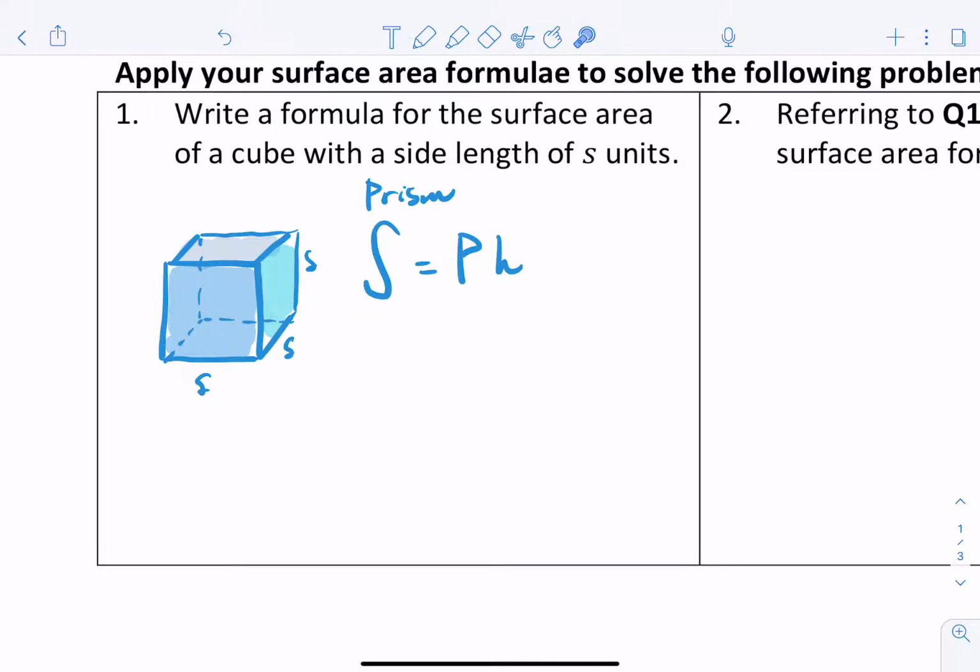Well, what shape is the base of a cube? It's a square. And its perimeter formula here, of course, is 4 times s. There's 4 of those s's. So I'm going to take that P out, and I'm going to substitute in a 4s in its place.